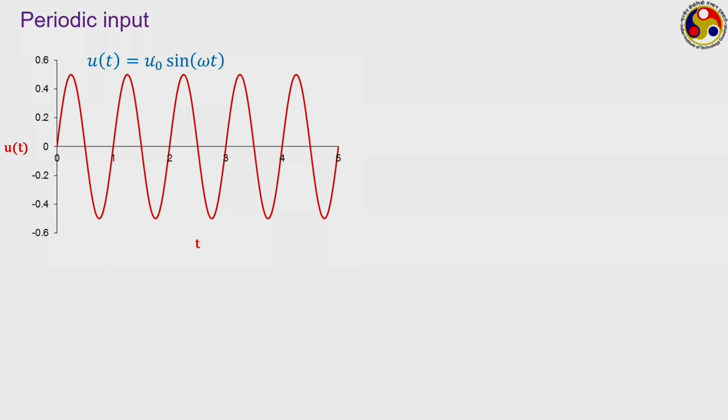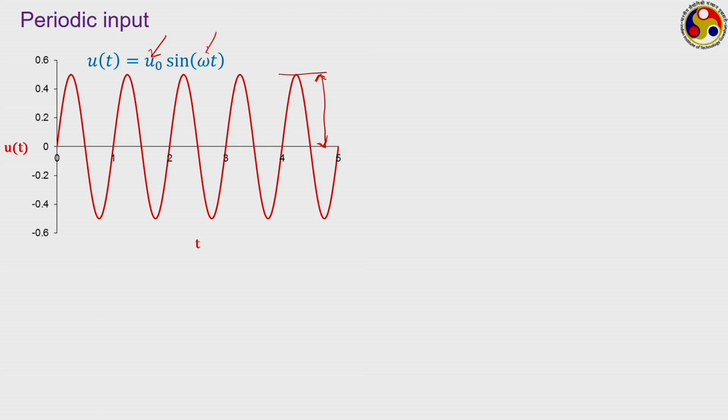We know that u naught is referred to as the amplitude of the signal, which is the distance from the neutral position to the maximum magnitude in either direction.